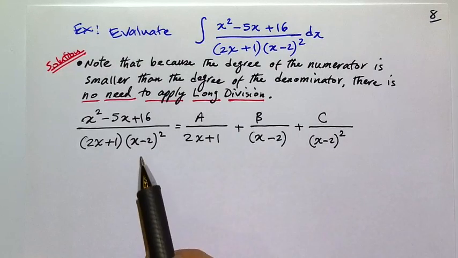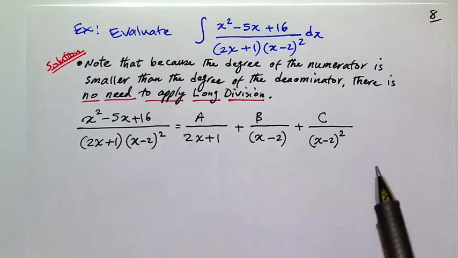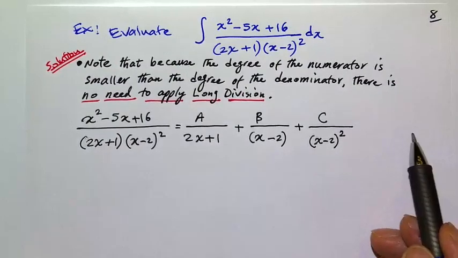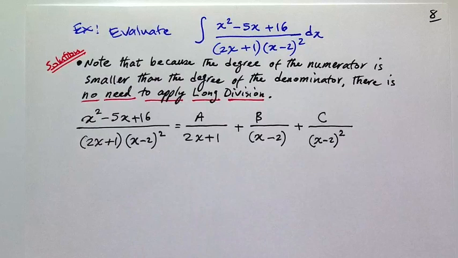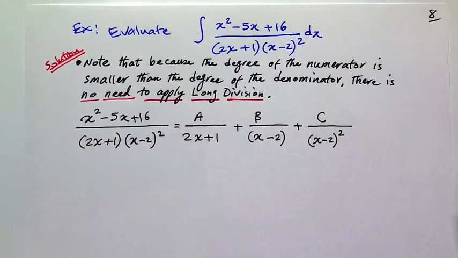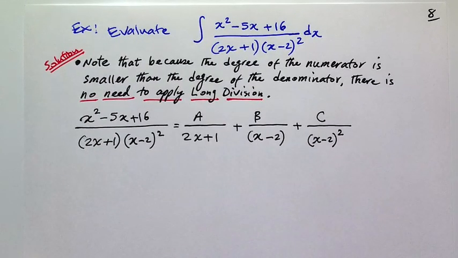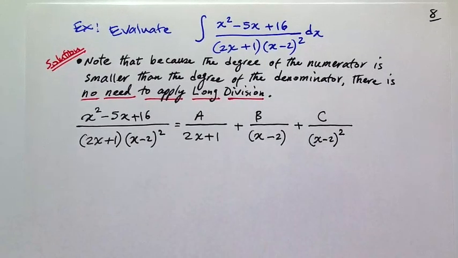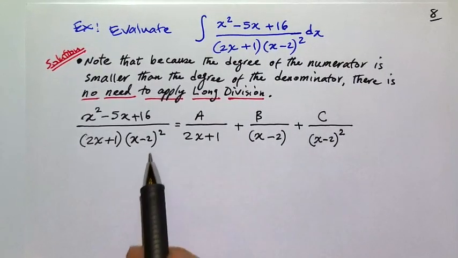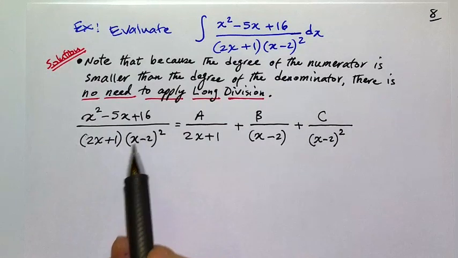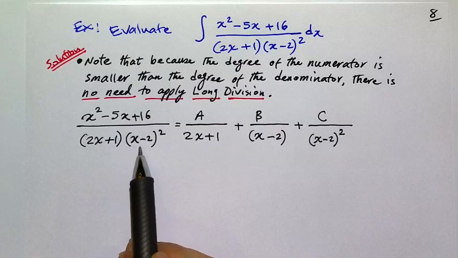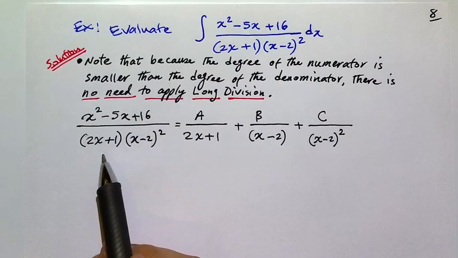If you had (x minus 2) to the fourth power, we would have to have fractions with constants A, B, C, D, and E, all the way up to the fourth power. Okay, all right, so we do exactly what we did before. The common denominator here is (x minus 2) squared times (2x plus 1).